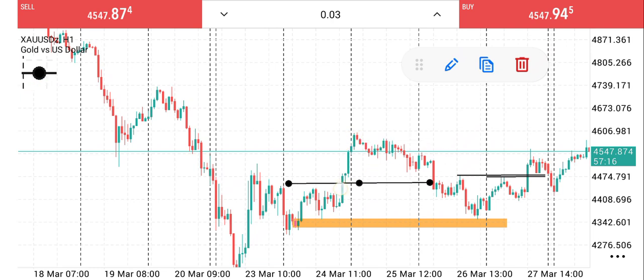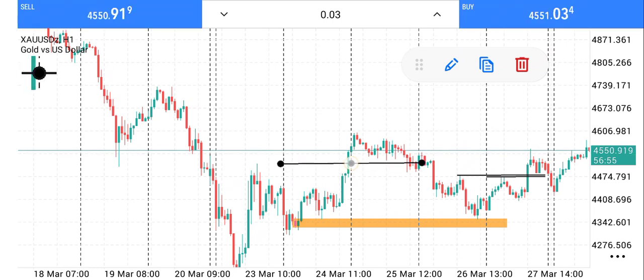The structure has led us to know that this market is changing direction to an uptrend. So we trade alongside the uptrend, and an indication of change of character is market structure shift. When market structure shift occurs, that means the trend is about to change direction.